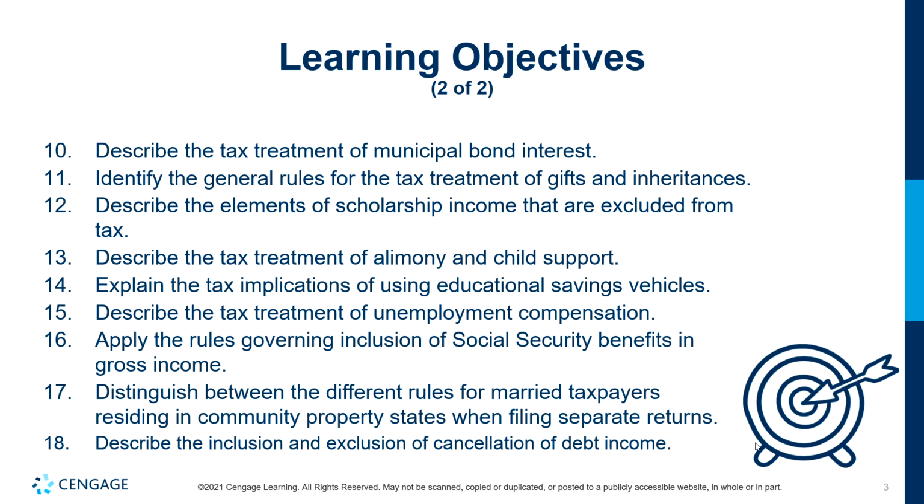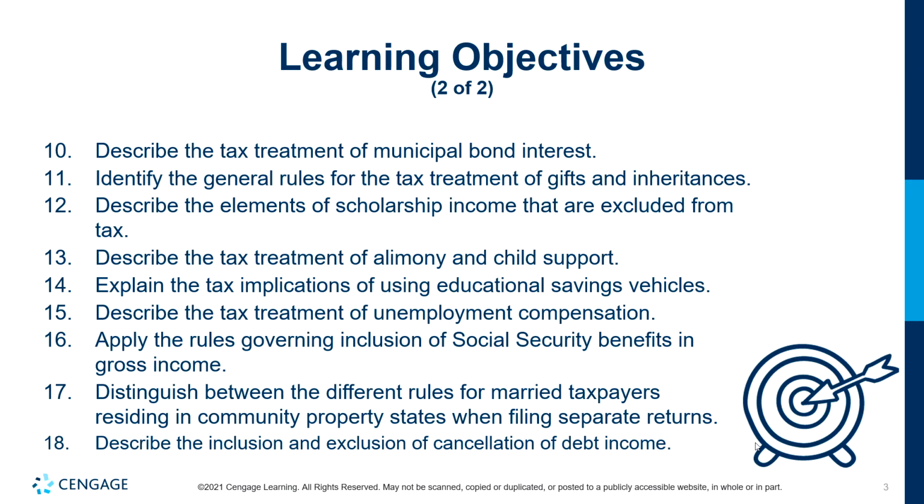Anyway, we're going to explain the tax implications of using educational savings vehicles. Describe the tax treatment of unemployment compensation. Apply the rules governing inclusion of Social Security benefits in gross income. And then distinguish between the different rules for married taxpayers residing in community property states, like Texas, when filing separate returns.